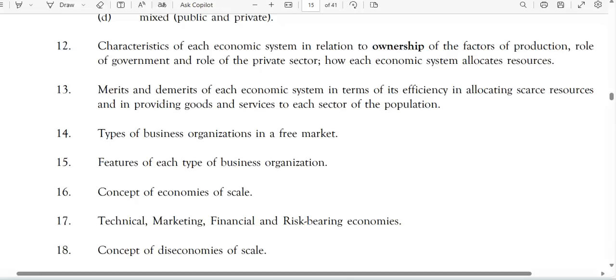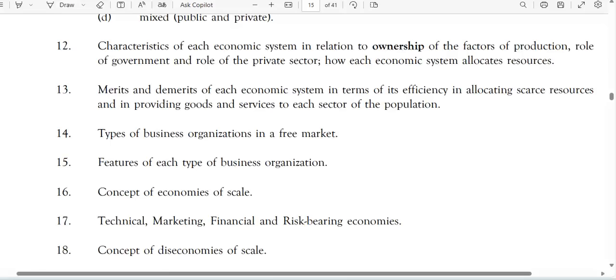These organizations differ in size, ownership, structure, control, and liability. Now we're going to look at the main types of business organization in a free market. These include the sole trader: a business owned and operated by one individual who assumes all risk and enjoys all the profit.